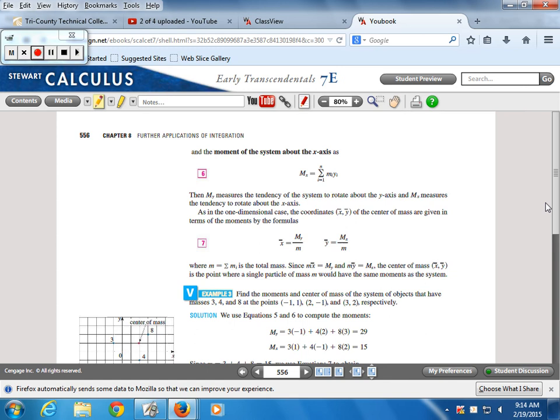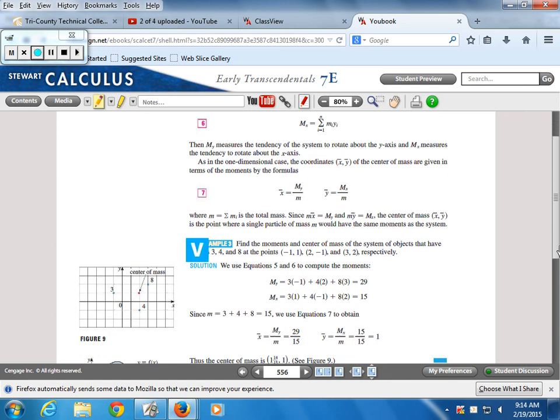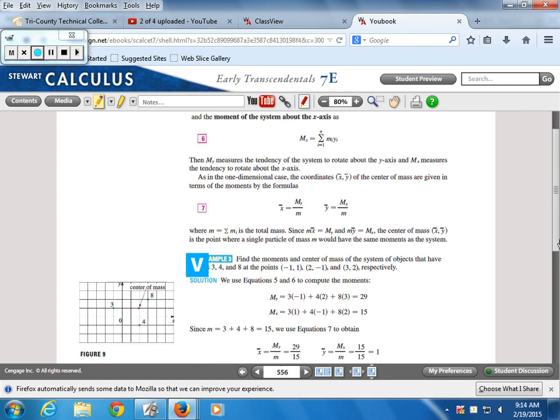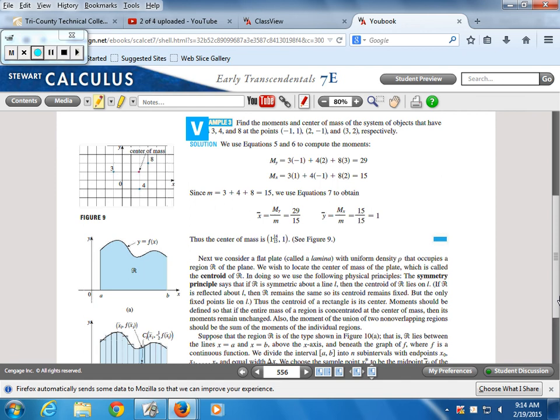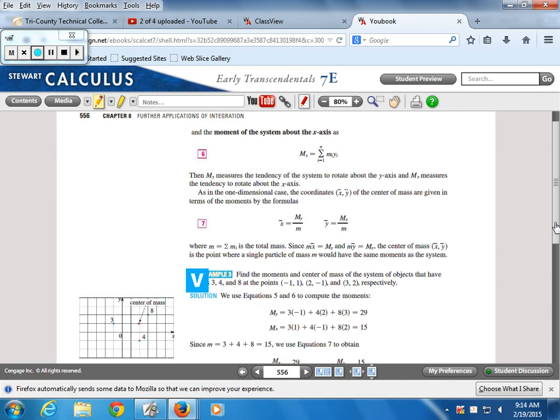And if you think about it, you've got to take into effect this distance right here from Y and the distance from what?